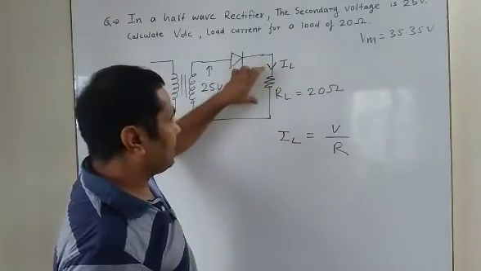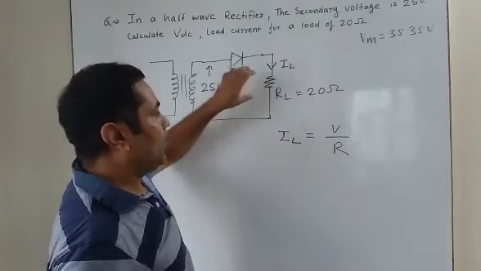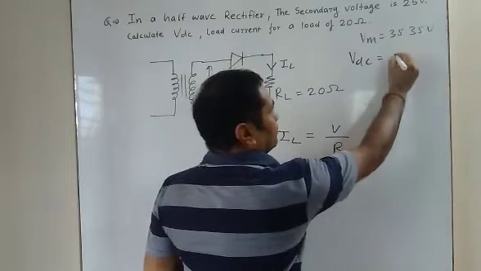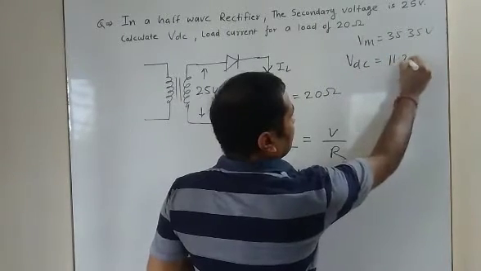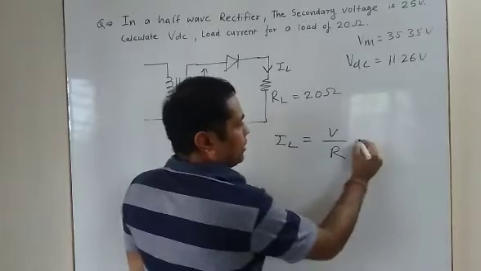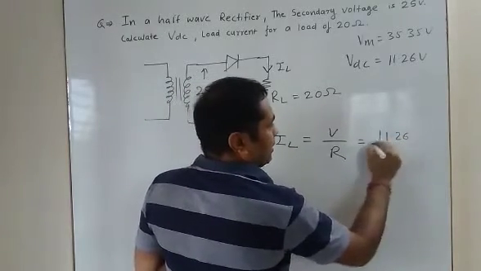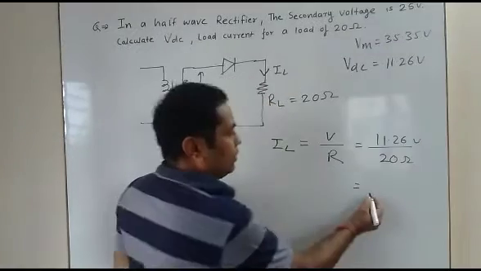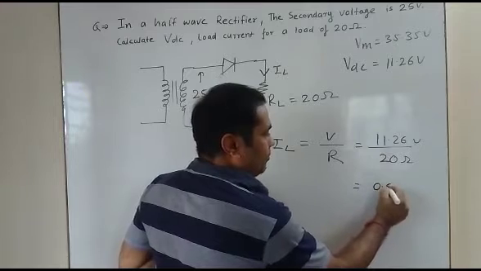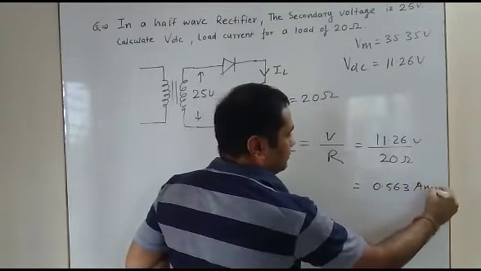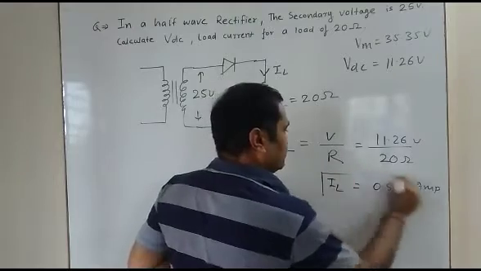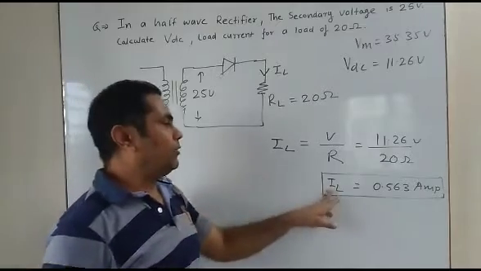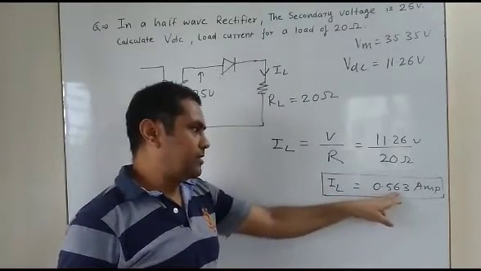That is why the voltage across the load resistance will be the DC voltage, and the DC voltage we have already calculated as VDC equal to 11.26. So the current is 11.26 divided by the load resistance 20 ohms, so it is 0.563 amperes. So this is the value of load current, that is 0.563 amperes.